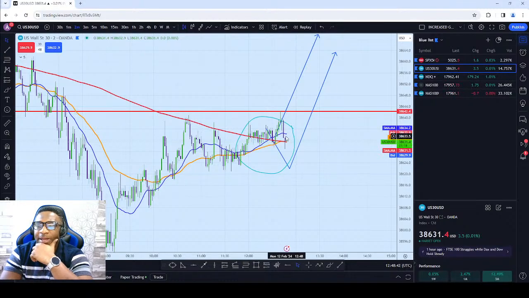I can also see this power bear candle pushing from here below the 20 moving average, so I'm also looking at that. If we do get a good setup from here onwards, I will preferably wait for a position above here.